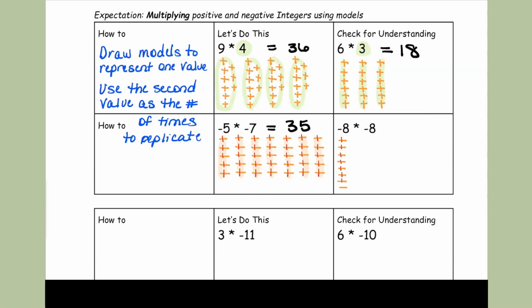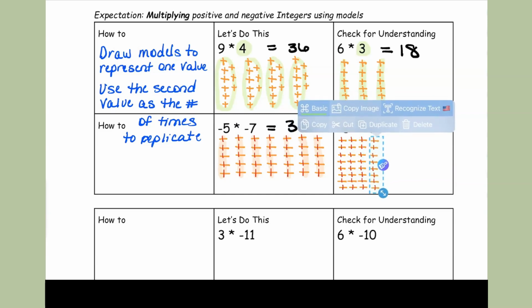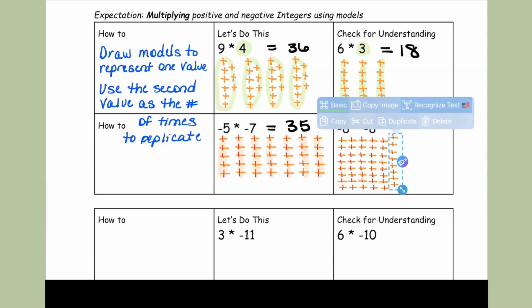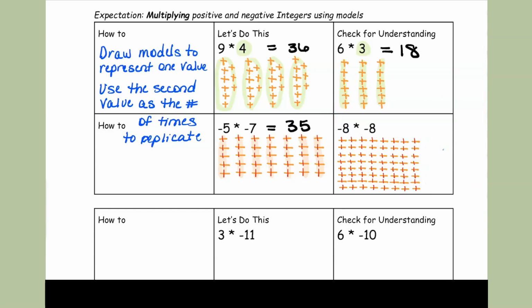So I changed them from negatives to positives. So that now gives me 8 positive markers, and I need to show that 8 times. -8 times -8 is going to be a total value of 64. A negative times a negative is a positive.